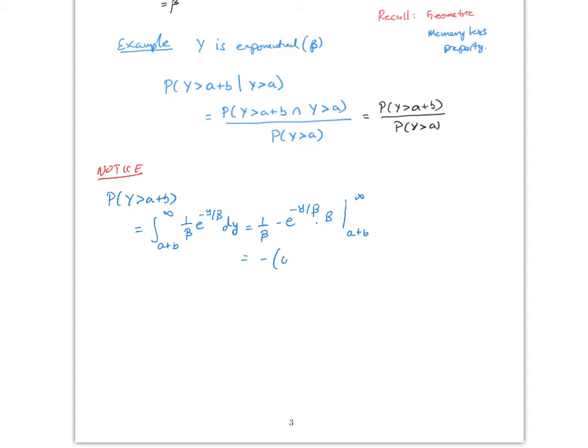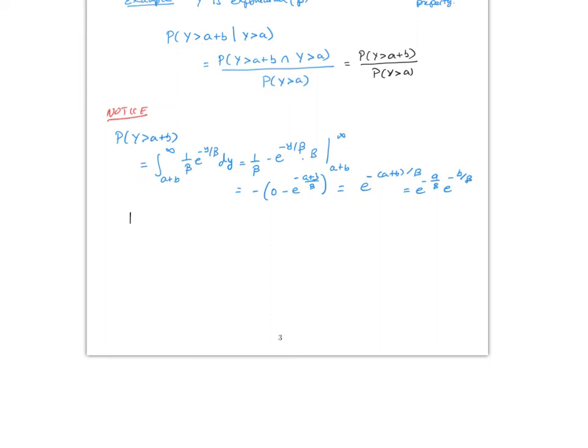We put infinity here, this will be 0, and then this will be e to the minus a plus b over beta, with the minus sign here, so this is equal to just e to the minus (a plus b) divided by beta, which you can rewrite as e to the minus a over beta times e to the minus b over beta. Now, in a similar way, you can show the probability that y is greater than a is just equal to e to the minus a over beta, so we did that already.